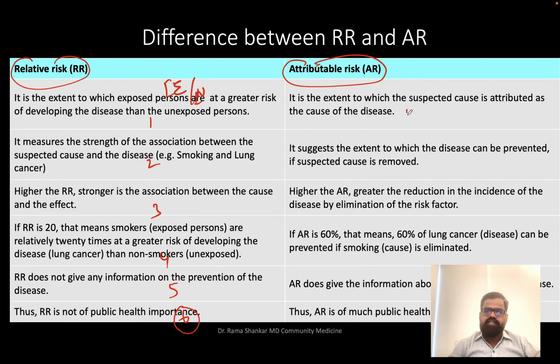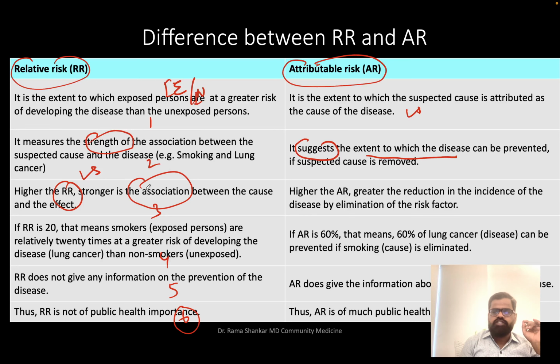Relative risk measures the strength. If you remember, greater than 1, equal to 1, or less than 1, where incidence in exposed and non-exposed are equal. So it measures the strength. Attributable risk measures the extent to which the disease can be prevented if you remove the suspected cause. Higher the relative risk, higher is the association. Higher the attributable risk, greater is the chance of reduction in incidence of disease.